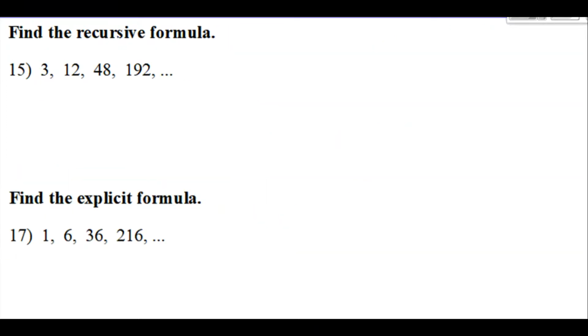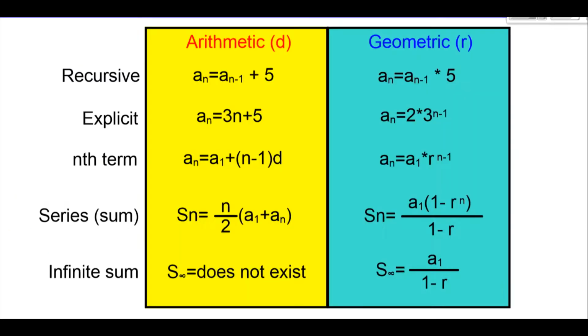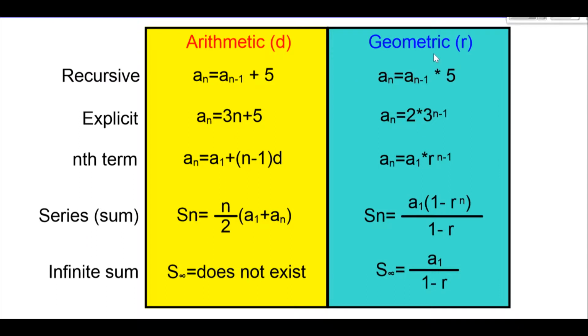15, find the recursive formula. All right, so if you go back and look at the recursive formula, it's going to look like one of these two, but it's important to notice which one we're looking at. Are we looking at arithmetic? Are we looking at geometric? So pay attention to the numbers. It looks like we're multiplying times 4. So since this is a multiplication, this must be geometric. So the recursive formula is going to look something like this.